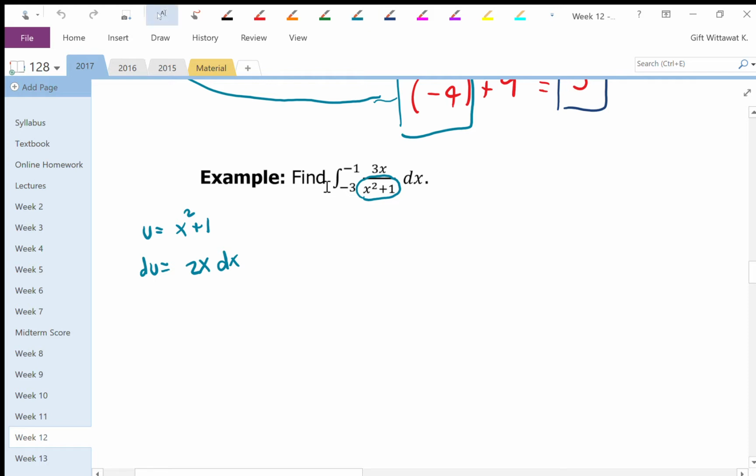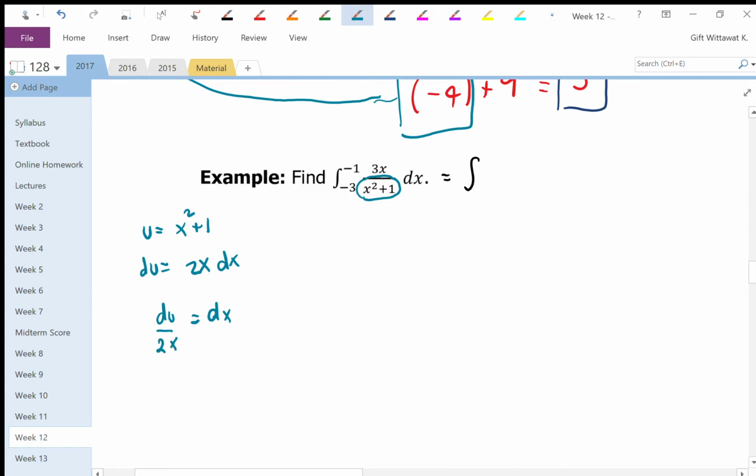So the terms are slightly different, but it differs only by a constant, so this is okay. Now I know that this is going to be the integral of, if I do the substitution, my dx is going to be du over 2x.